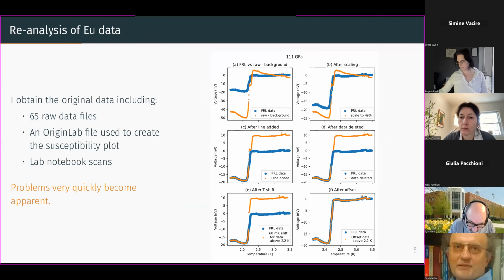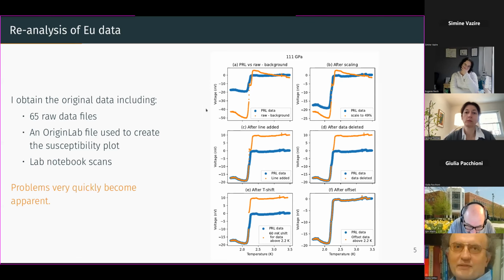There were 65 raw data files, an Origin lab file that was used to produce the plots in the PRL paper, and I also got scans of a laboratory notebook. When I began looking at this, problems became apparent very quickly. If I looked just at the Origin lab file, there was really nothing there that pointed to problems.